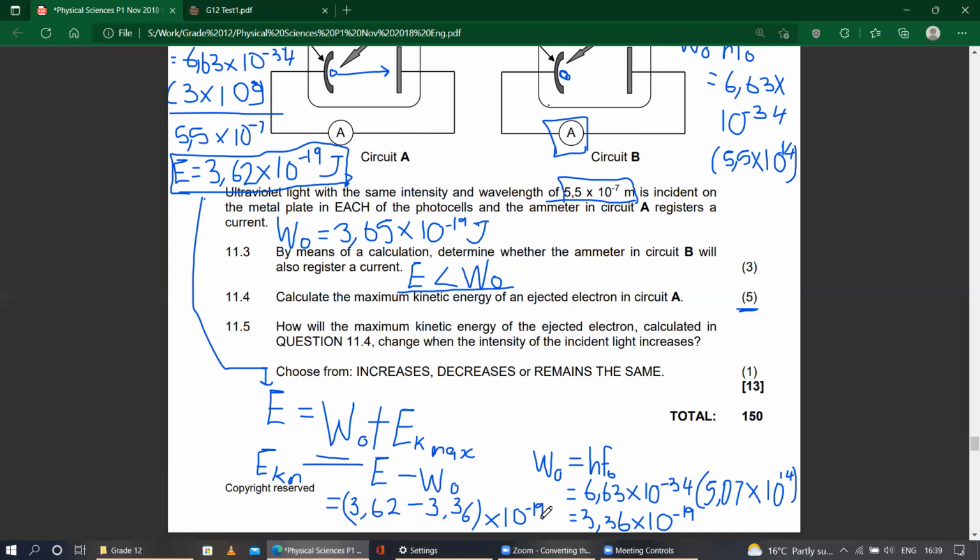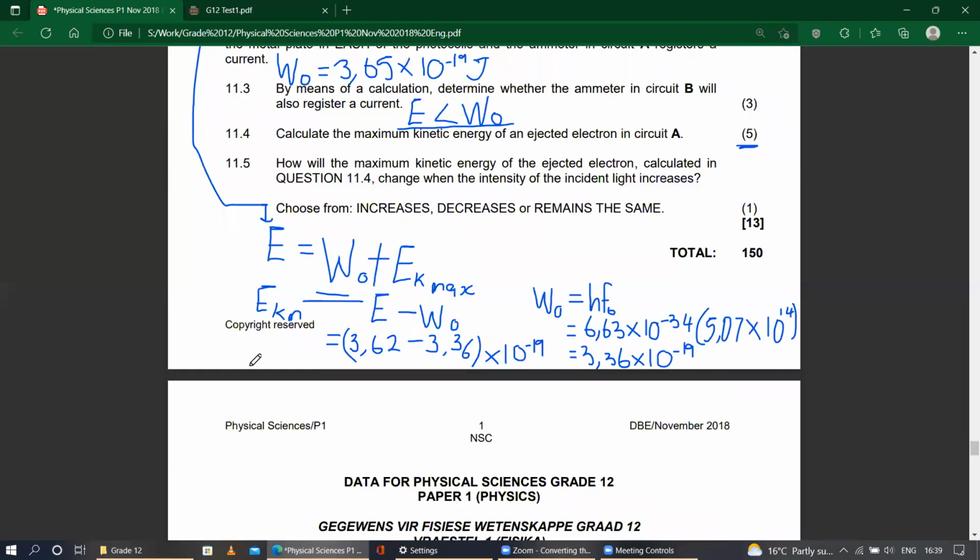So what answer did you get? I got 2.6 times 10 to the power of minus 20.